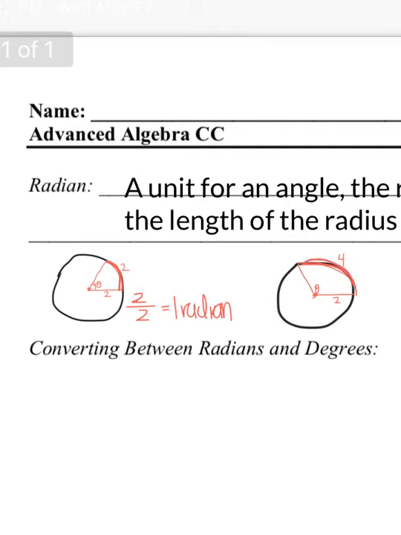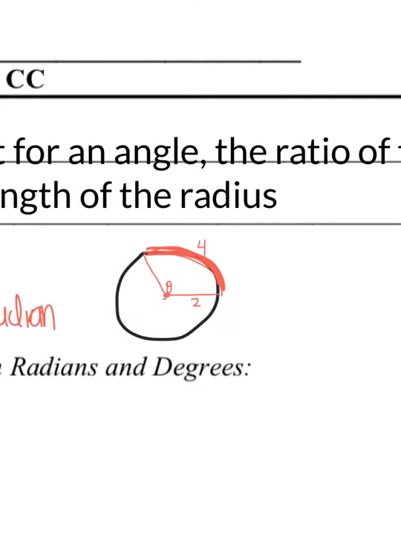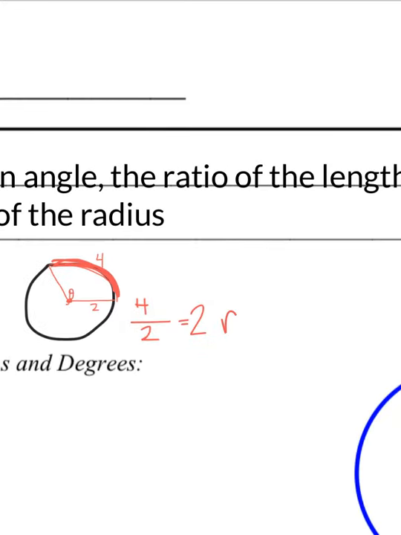It doubled in size, so did the angle. So now the intercepted arc is 4 over the radius of 2. So this is 2 radians. That's all it is. It sounds more confusing than it really is.